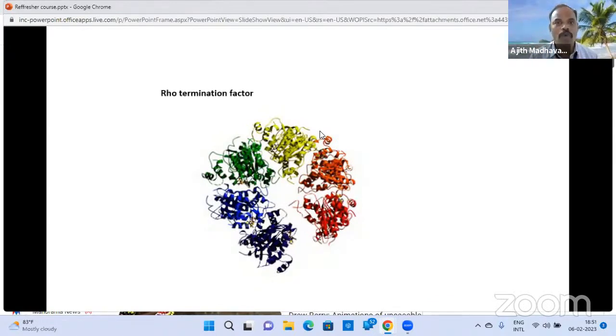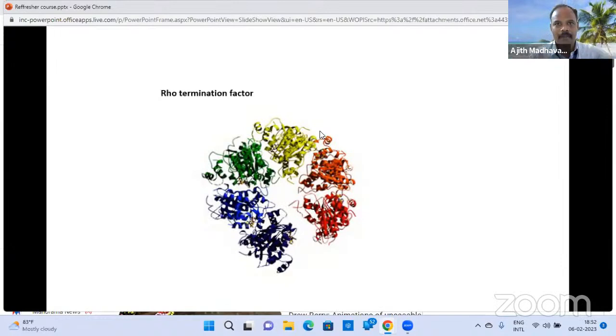When it reaches the Rho utilization site, the Rho combines with polymerase, forces the polymerase to open up, and the RNA molecule is released. In fact, the way in which the RNA molecule is released is not fully elucidated, but the Rho protein influences the polymerase in order to remove the RNA molecule out.